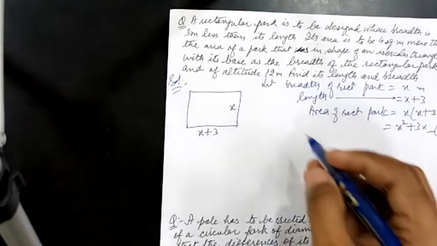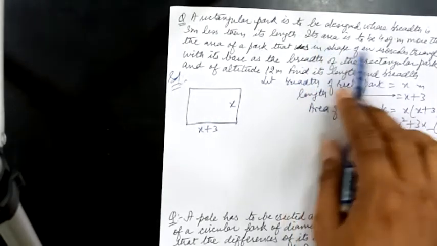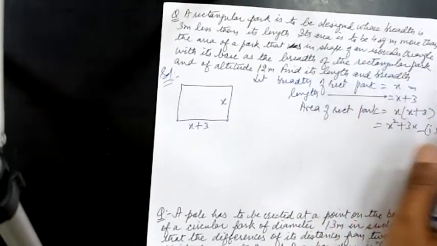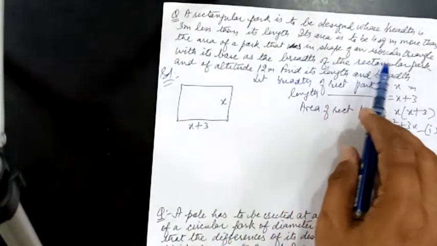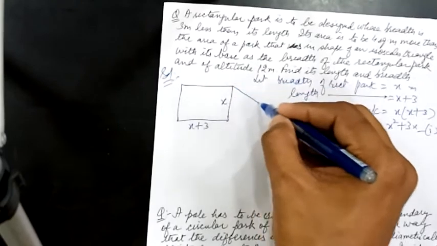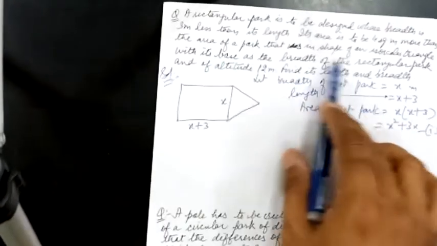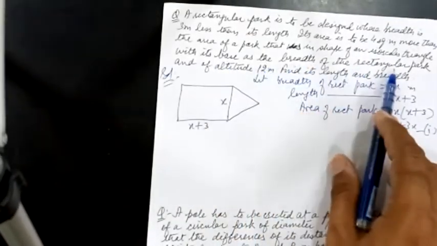Got it? Now what they are saying is its area is to be 4 square meters more than the area of a park that is in the shape of an isosceles triangle. So we draw an isosceles triangle here, with its base as the breadth of the rectangular park.